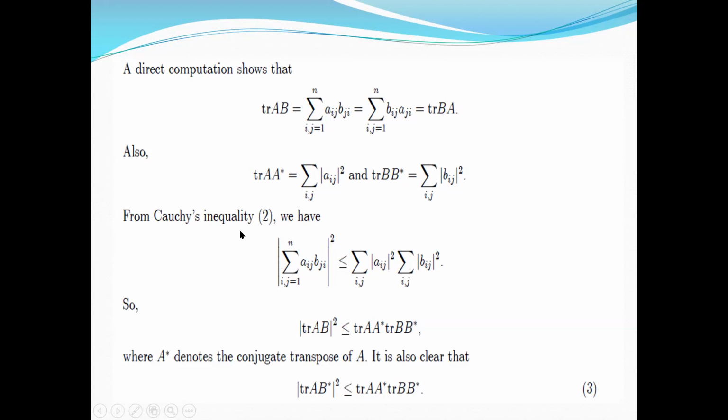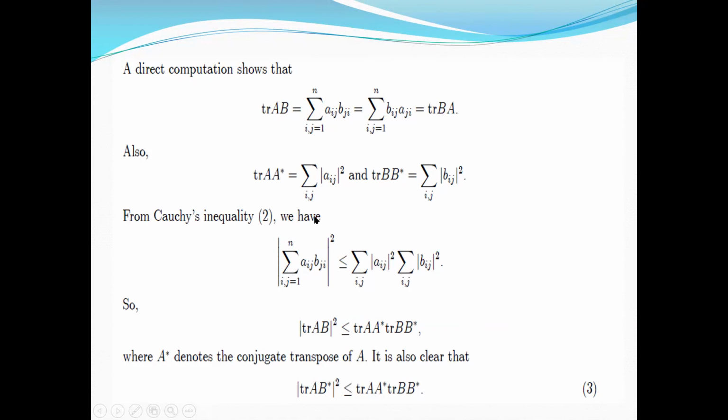Now from Cauchy inequality 2, we have these n square numbers. This mod aij, i varies from 1 to n, j varies from 1 to n, so n square numbers. So we have applied the Cauchy inequality to n square numbers, and we can write this expression.